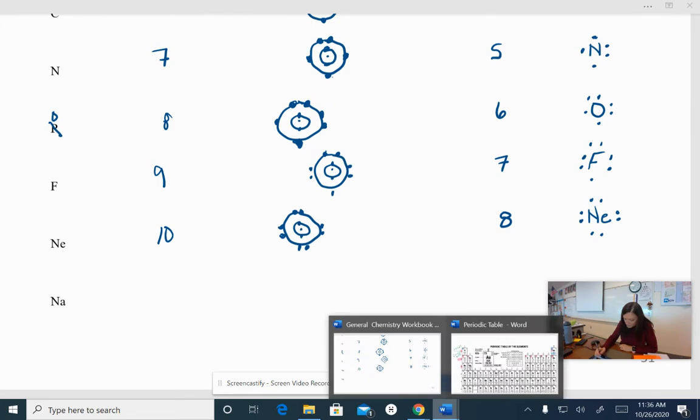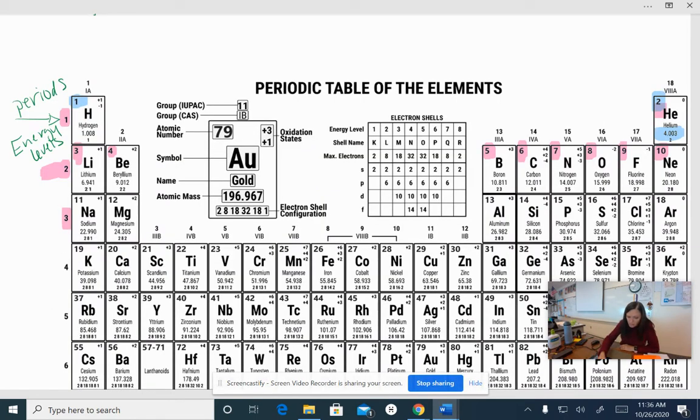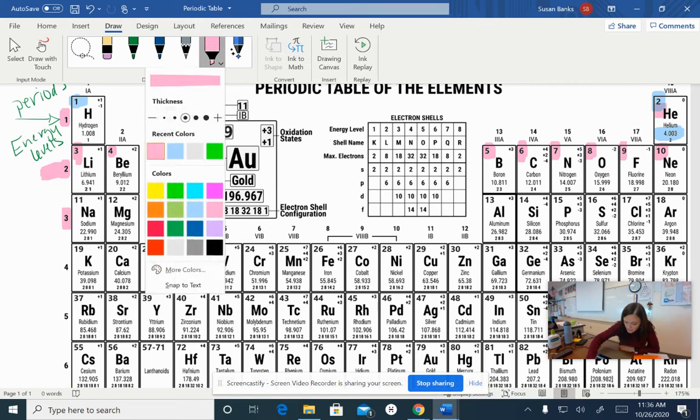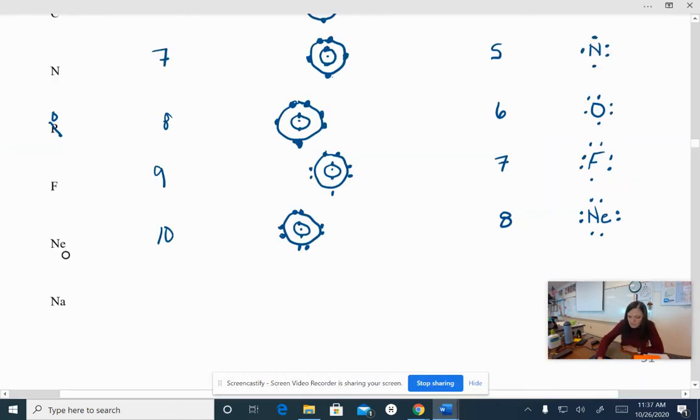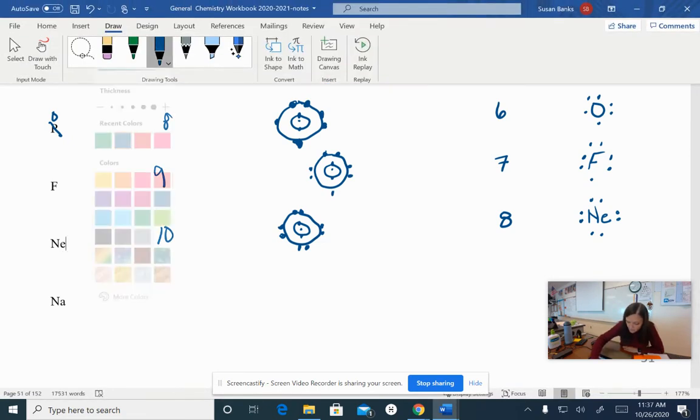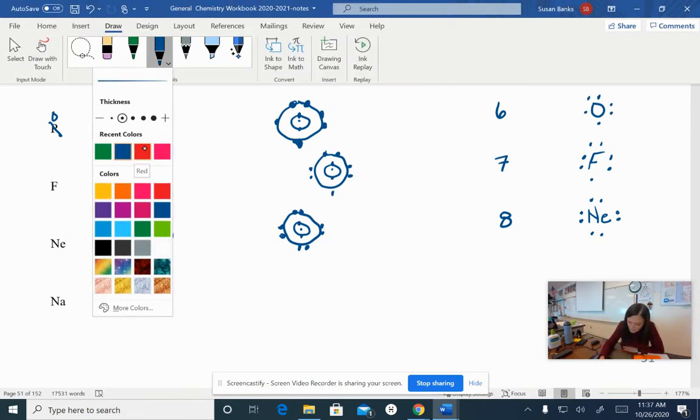So let's look at sodium. So when I go to sodium, let's use this green. If I go to sodium, I am now at a new level. So we're now going to have 3 energy levels, and I have 11 electrons. That 11th electron is going to be the first to go on that 3rd energy level.